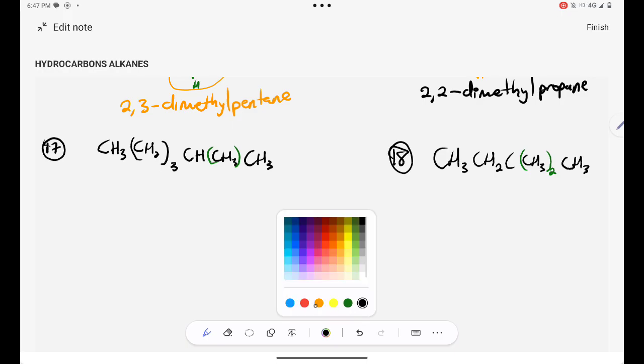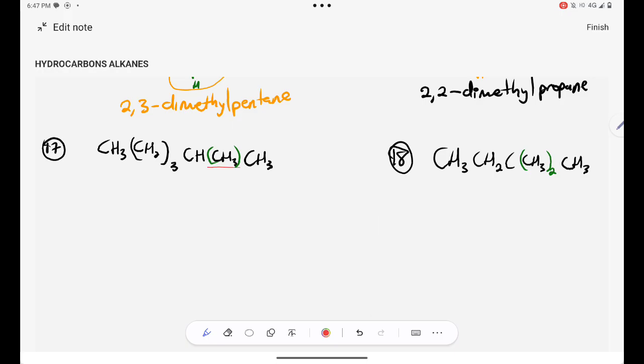For number 17, guys, please note the difference between this one and this one. When you see CH3 in between your molecules, that means you have a side chain. Are you together? But if you see CH2 and a bracket, it simply means that CH2 should appear that number of times in your molecule.